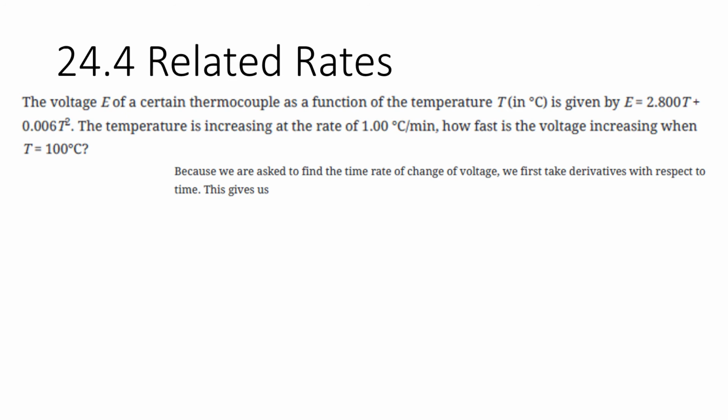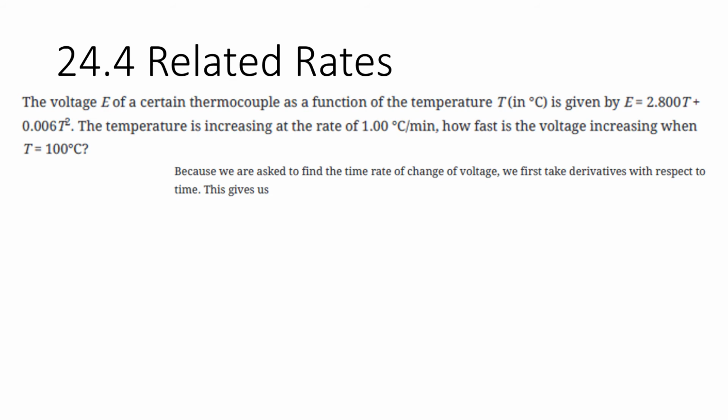So related rates help us determine the rate of change with regard to a different variable than is originally provided in the function. Let's take a look at an example. So the voltage E, now don't confuse V with E. E is used in Europe and other places as well. It's called electromotive force.